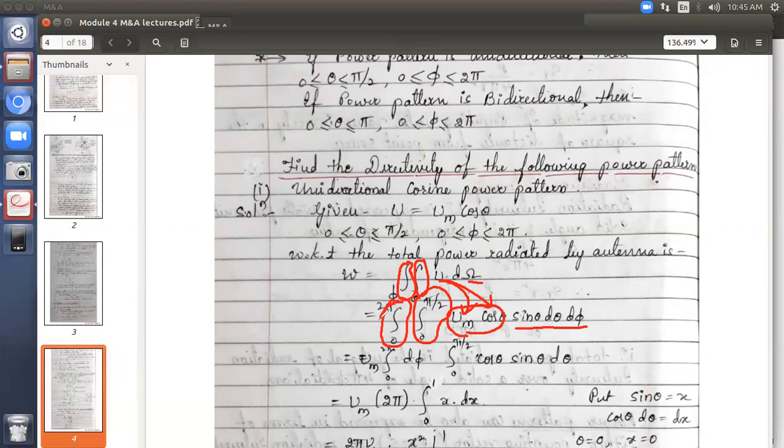D phi is for the first integration, the outermost integration. For the inner integration, it is sine theta into d theta. Now the remaining part is you need to solve this. As there are two variables, theta and phi, two integrations are there.